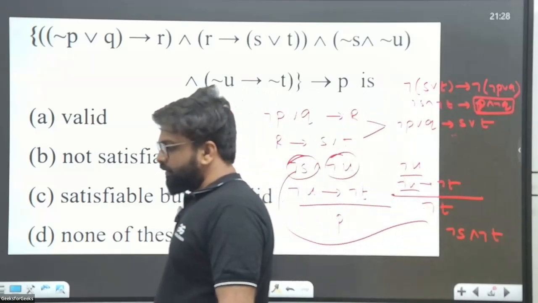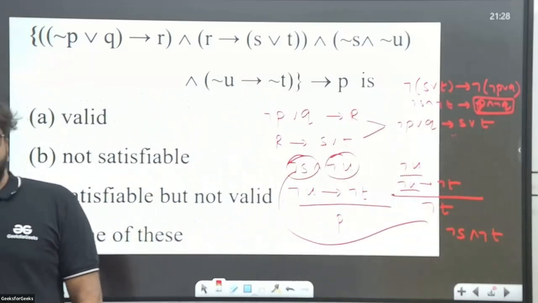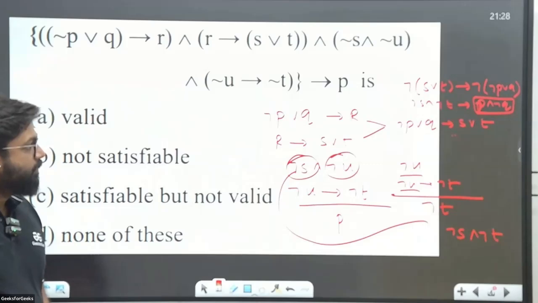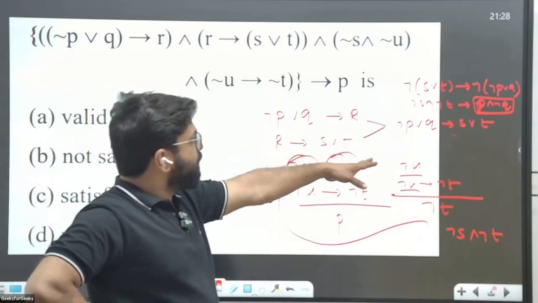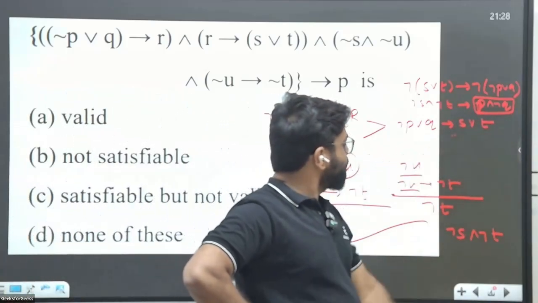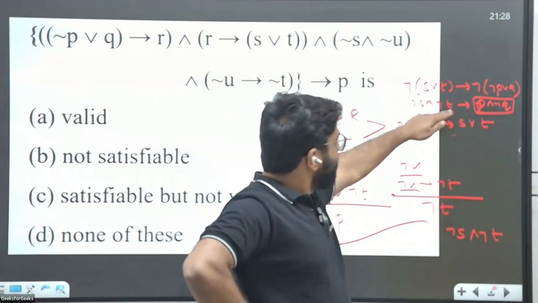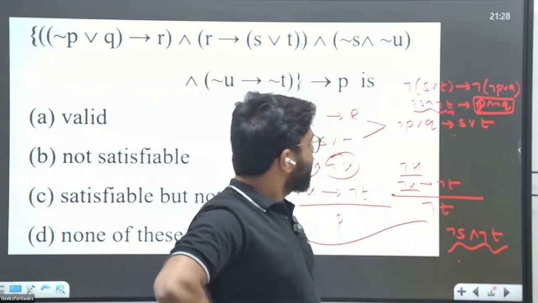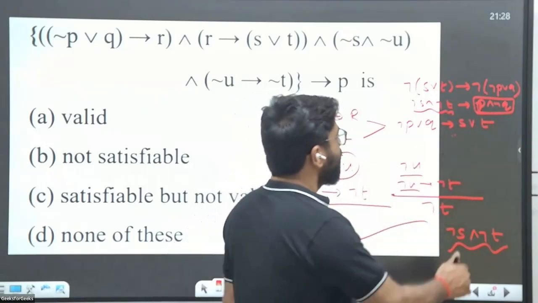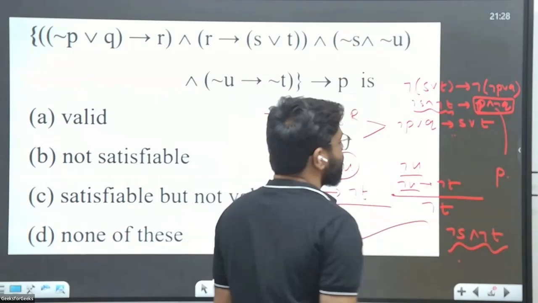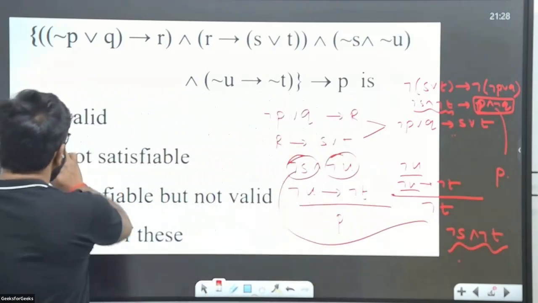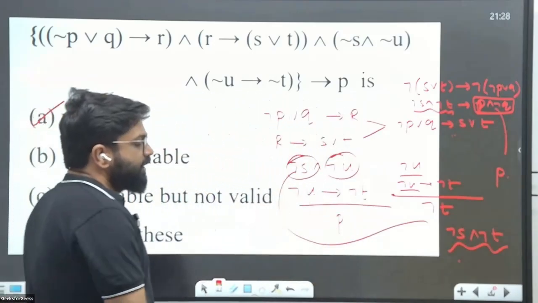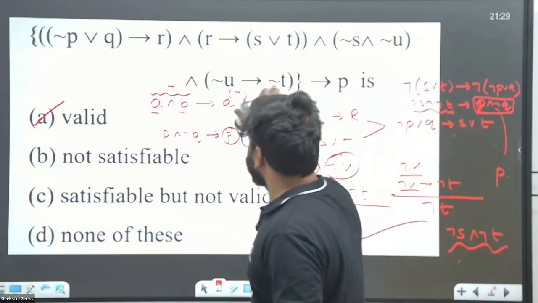Some students say they did not understand and ask for an explanation. So it implies P and negation of Q. That means if you take the left side, negation of S and negation of T, the left side matches, you will get P and negation of Q. And from simplification, you can take P outside. So it will become valid. It is valid.